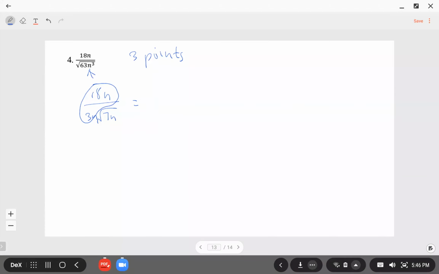Okay. 6 over square root of 7n equals, okay, just what do you multiply, right? Multiply. That is correct. Okay, very good job, Stephen.